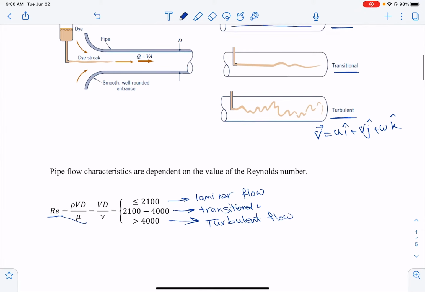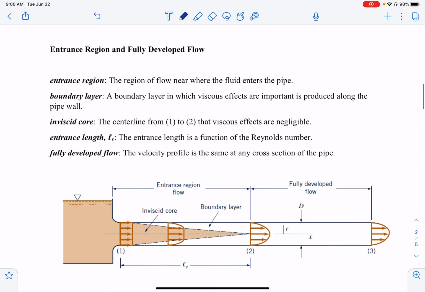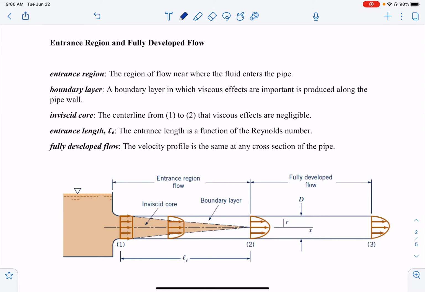Okay, let's go to the next section, which is entrance region and fully developed flow. As we can see in the figure right here at section 1, the fluid typically enters the pipe with a nearly uniform velocity. So it's uniform here, here, and everywhere, right?